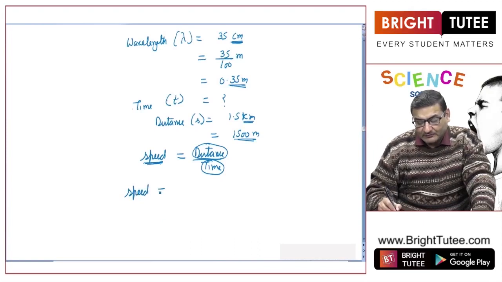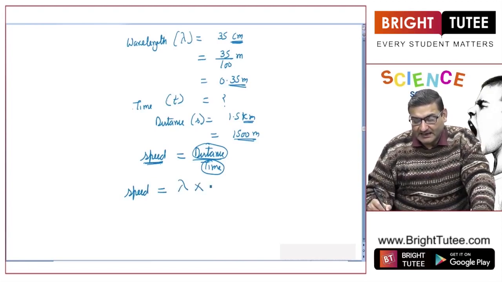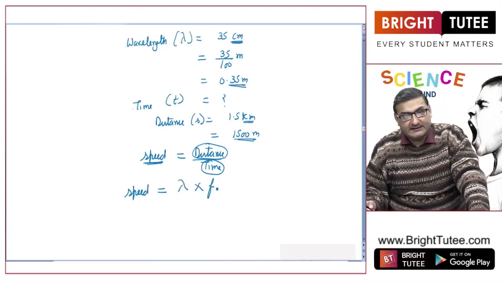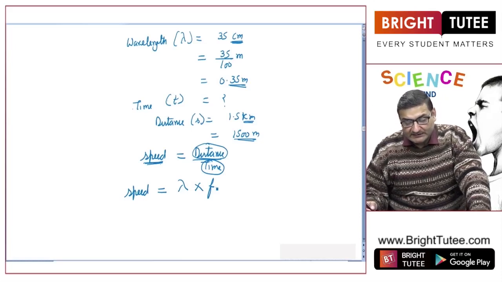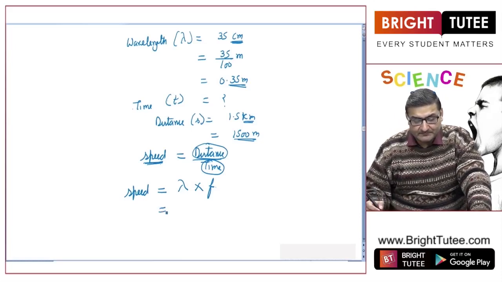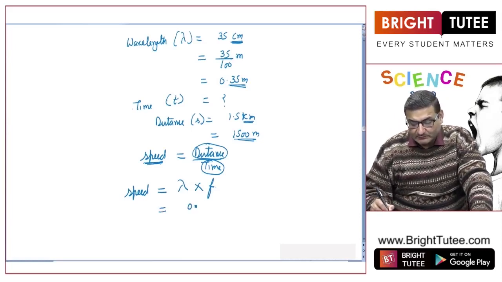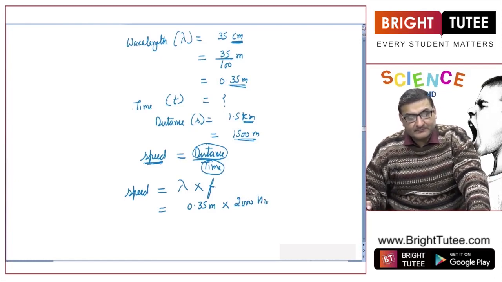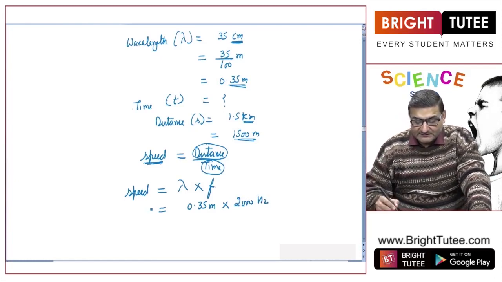I know the wave equation is given by the product of lambda, that is the wavelength, and the frequency. Both of the things are given to me in the question. The wavelength is given to be 0.35 meter and the frequency was given to be 2000 hertz. Got it? Fine. So this will be the speed.